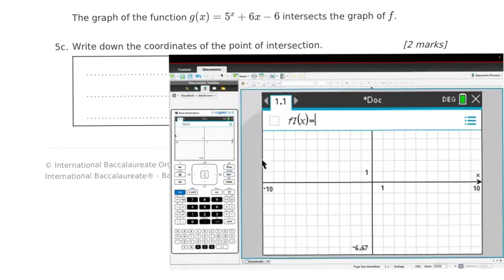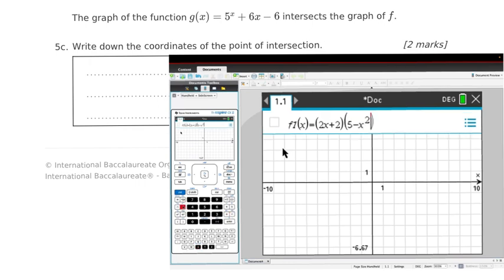So if we open ourselves a graph page and type in our two equations, so the first one is brackets 2x plus 2, open brackets, 5 minus x squared.